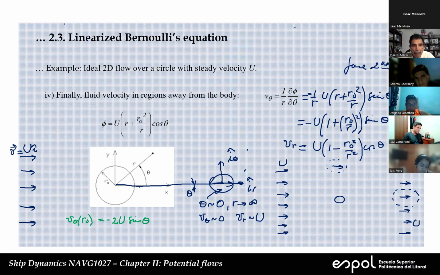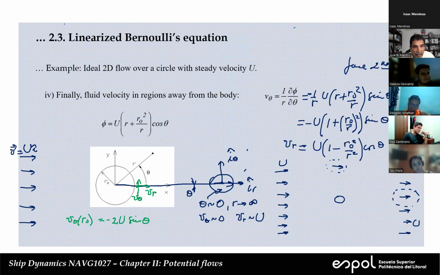Now if we are here, what's the value of theta here, people? 0. Theta would be 0, of course. Now, if theta is 0, the sine is also 0, right? That means that in the vertical direction, here, see, this is the radial, this is VR, and this is V theta.